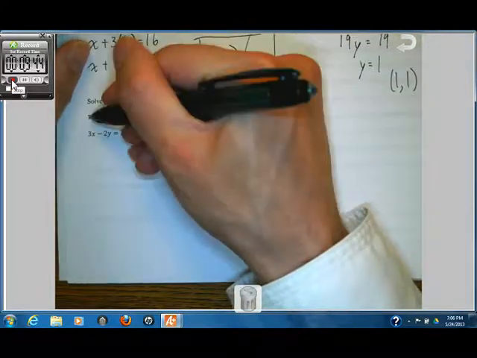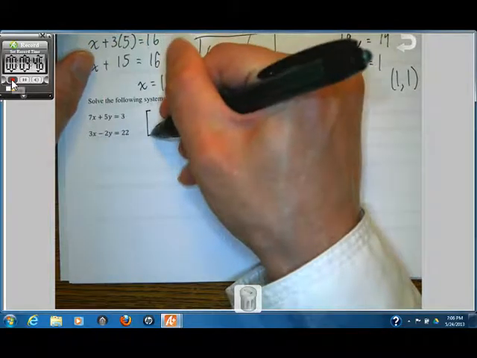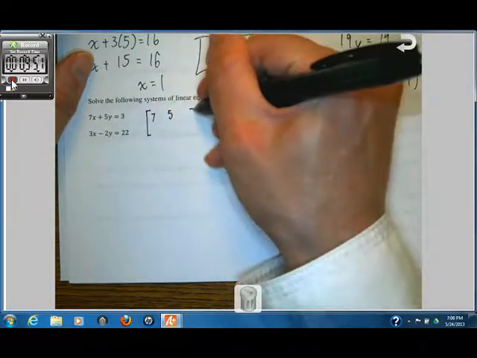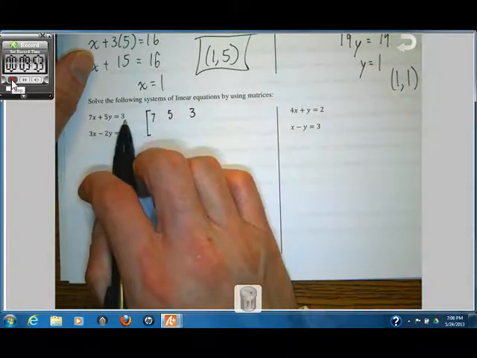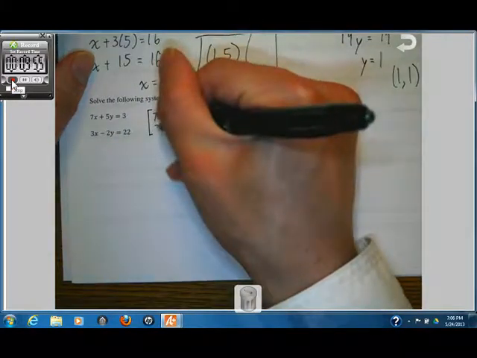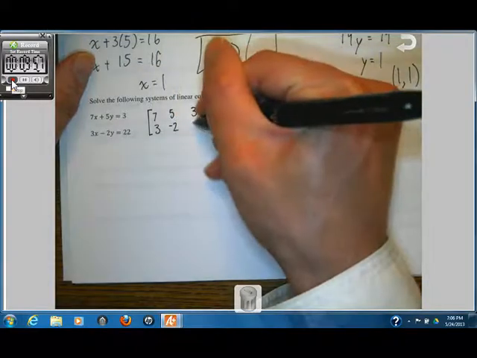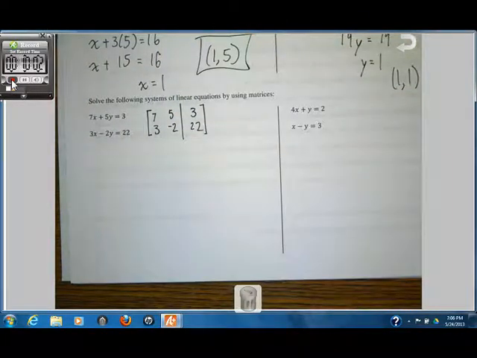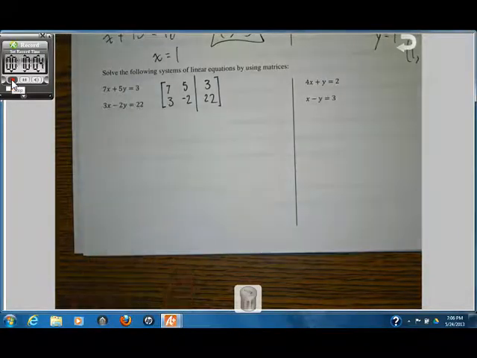We're going to put it in what's called reduced row echelon form. Let me write that down. Reduced row echelon, fancy French word, echelon form. Gotta love it.